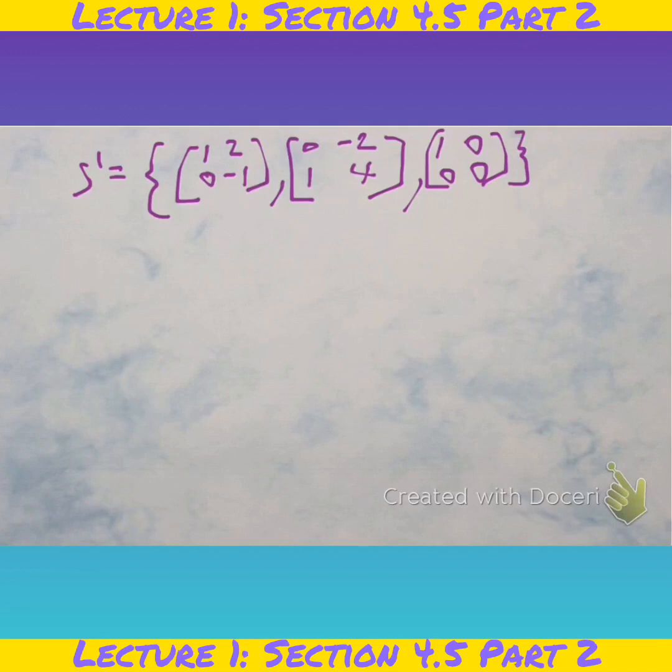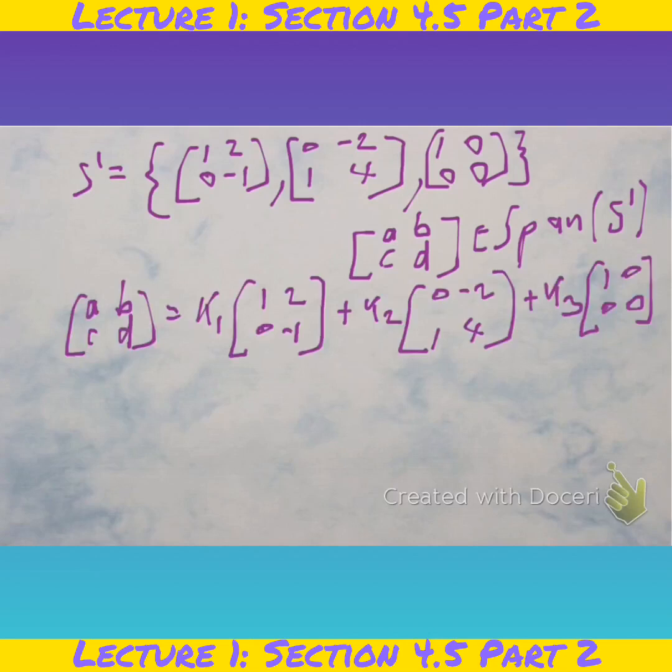So let's determine the span of S prime. Now you pick a 2 by 2 matrix. Again, you take the 2 by 2 matrix A, B, C, D, and see what needs to happen for this to be in the span of S prime. Okay, so you're going to set up a system of equations. How many unknowns is this equation going to have? It's going to have 3 unknowns.